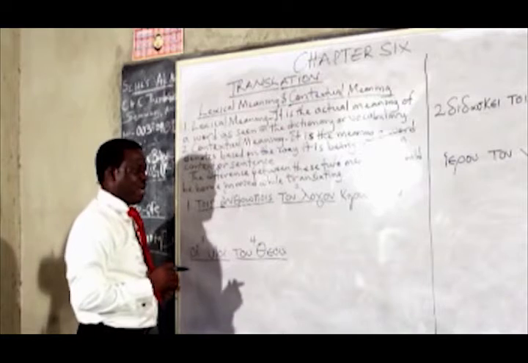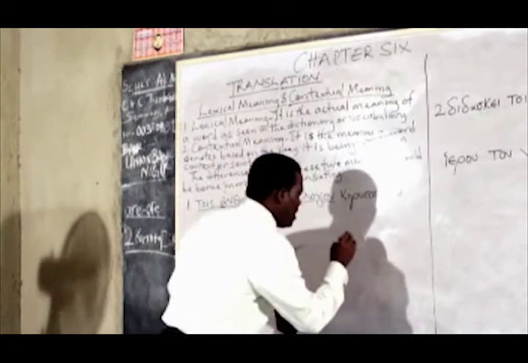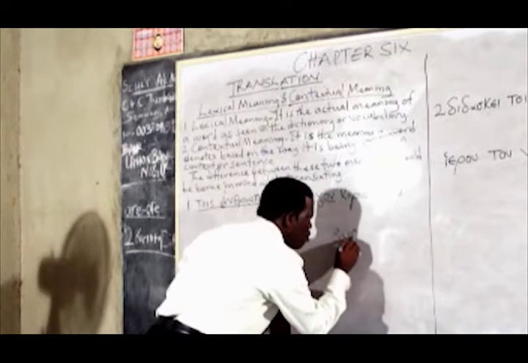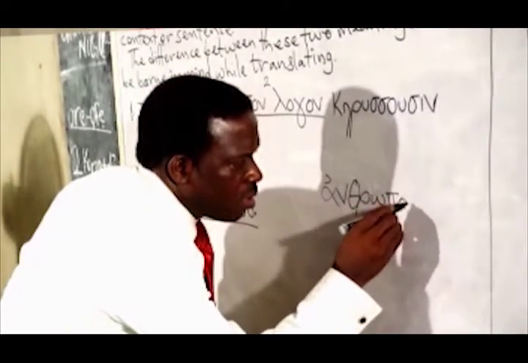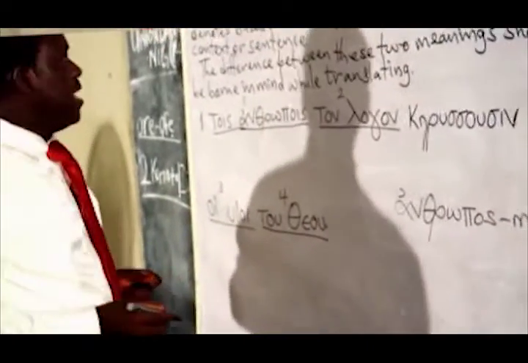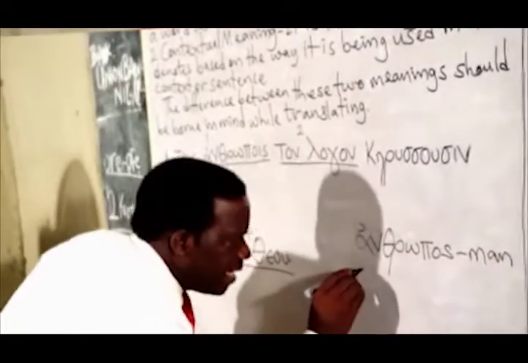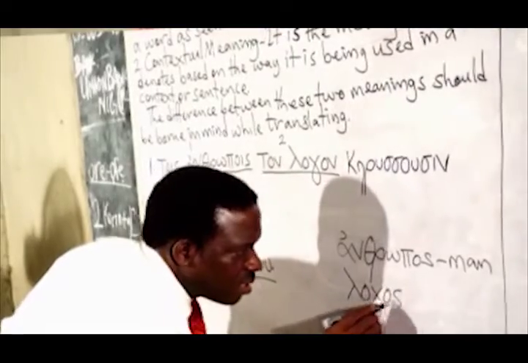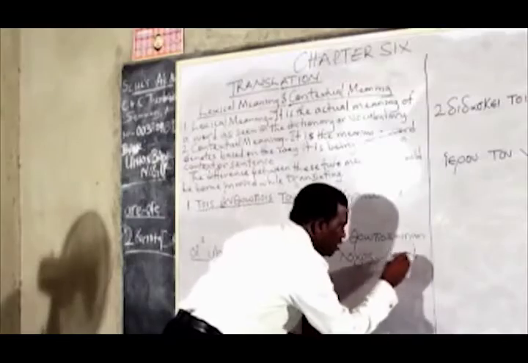Let's look at how they appear in dictionaries and vocabulary. For instance, the first word is anthropos, which means man. This is the lexical word and meaning. The second word is logos, which means word, ordinarily.